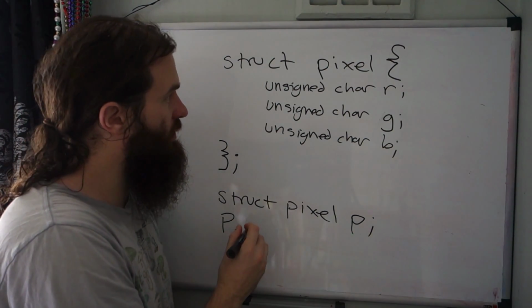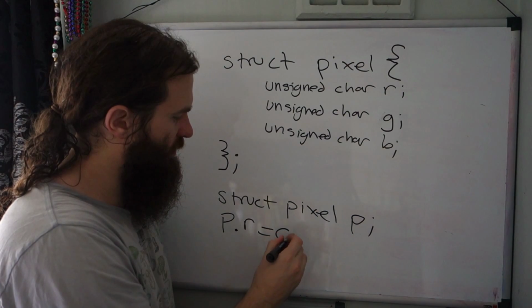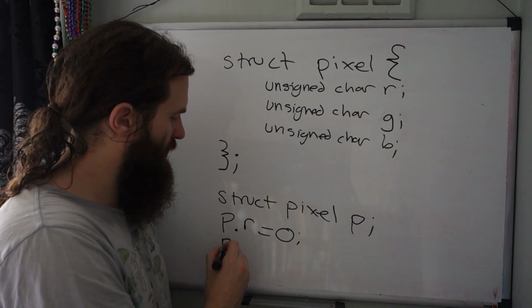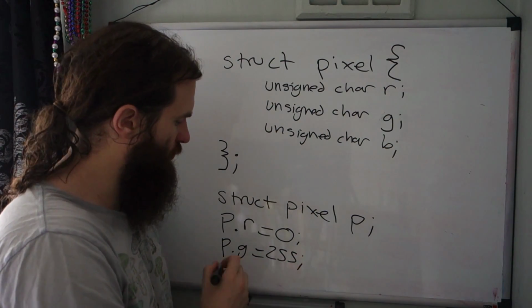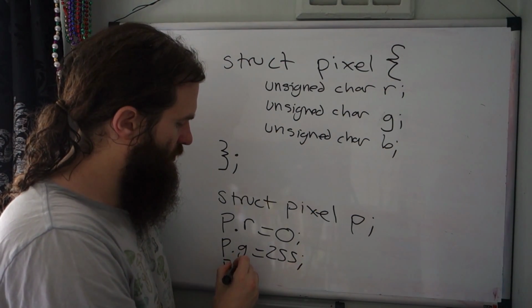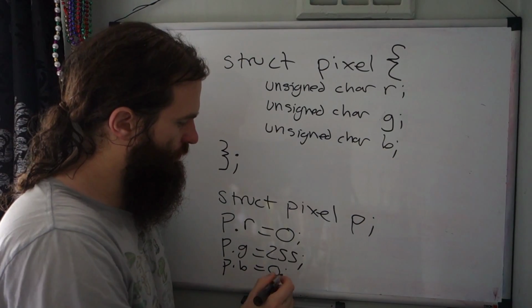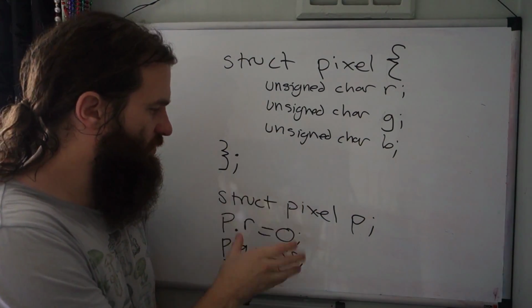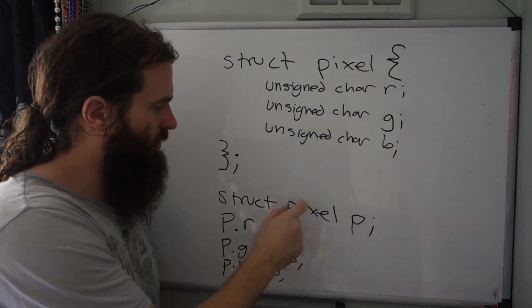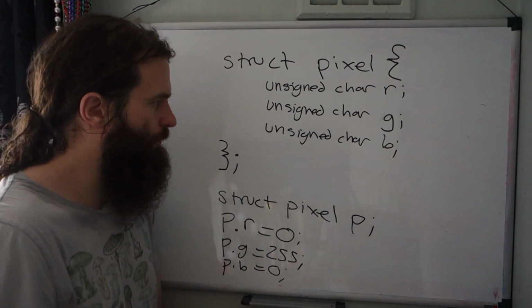So we'd say p dot r equals 0, p dot g equals 255. Let's say this is just a green pixel. p dot b equals 0. This will then set those values on our struct pixel p.